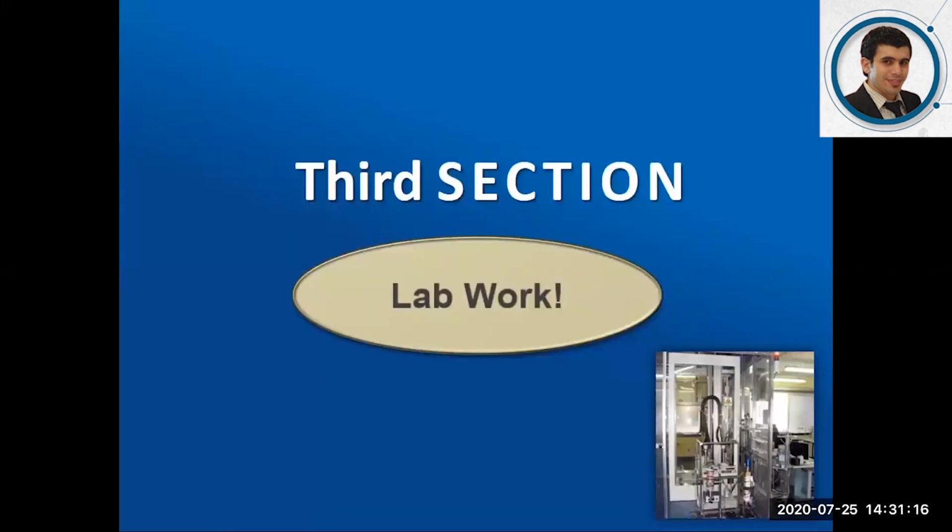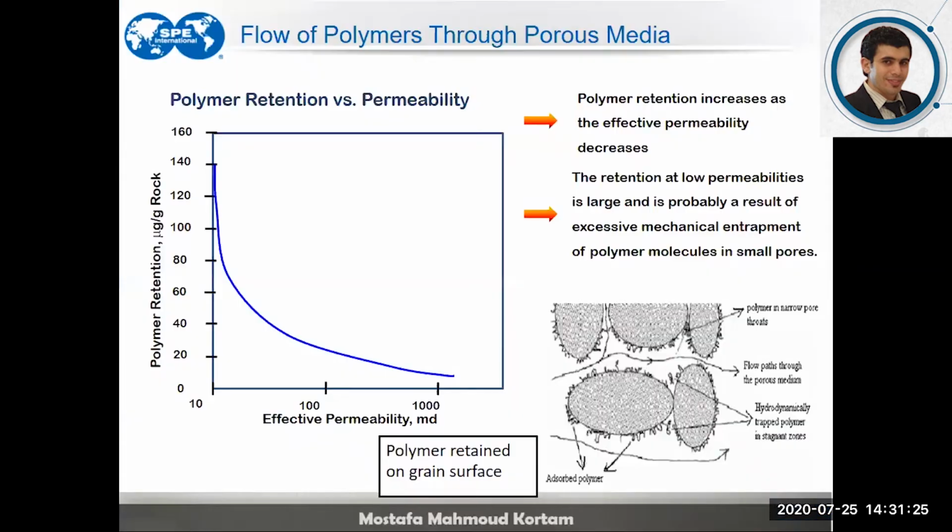So moving to the section on lab work, what is the role of lab analysis in order to optimize the polymer injection? As we explained, by having the polymer entrained and dropped on the grain surface, we would have a reduction in the effective permeability.